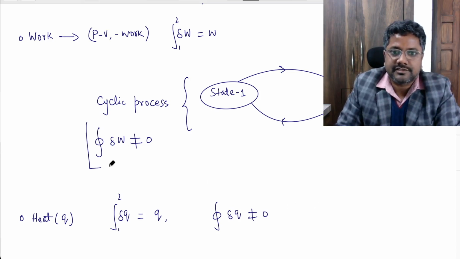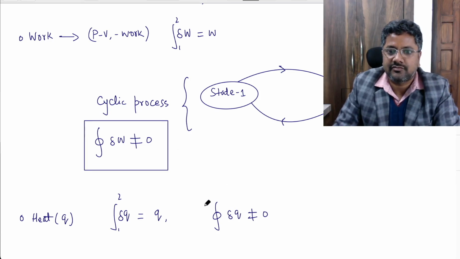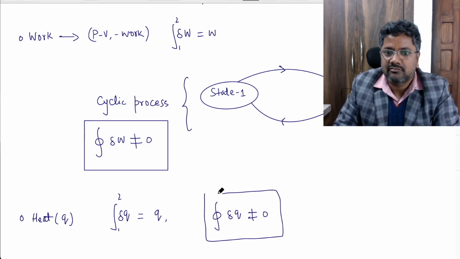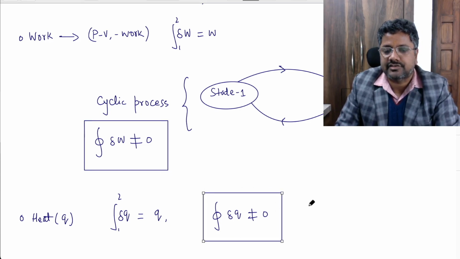So this is the way of representing path and state functions, right?